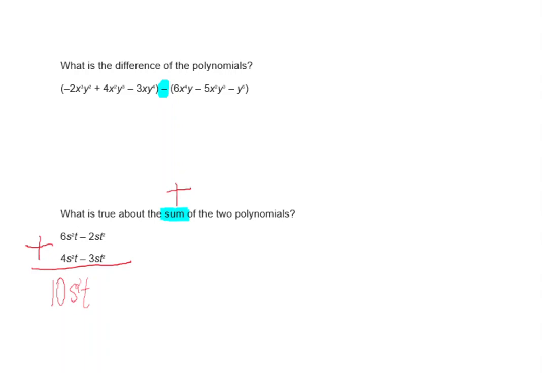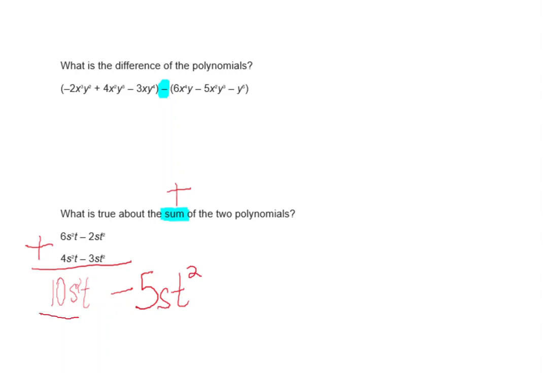So that's 10s squared t. Pay attention to the sign in front. Then we have st squared, which is different because the exponents are different from the other term. And we have -2 of those and -3 of those. -2 plus -3 is -5 st squared.